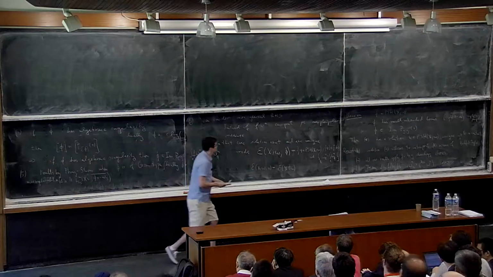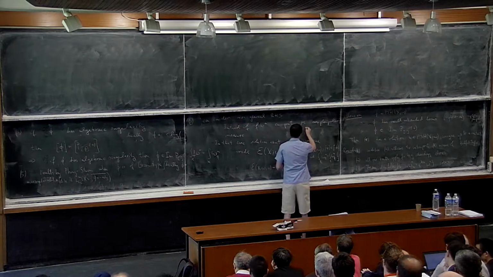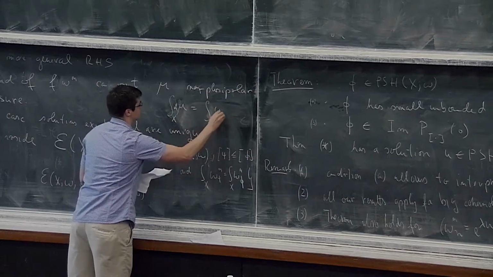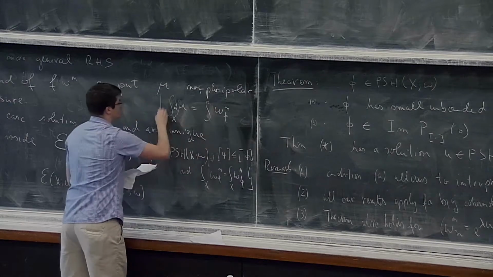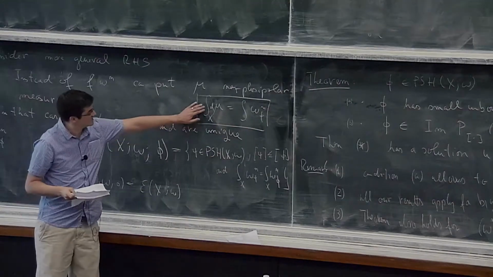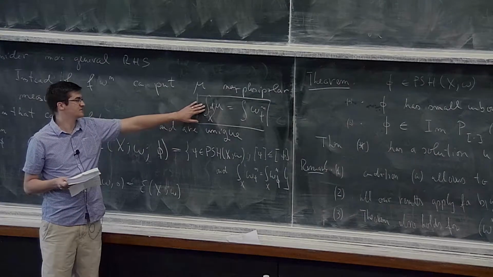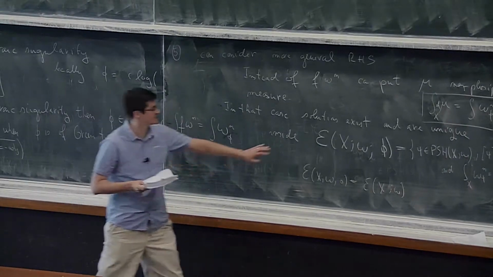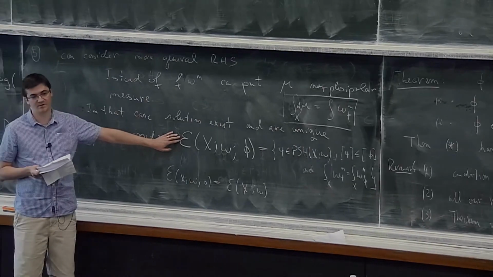So in this case, you just get the full mass of dν on X. So if you have a non-pluripolar measure with the following restriction on its full mass, then star has a solution inside this space that is unique up to a constant.